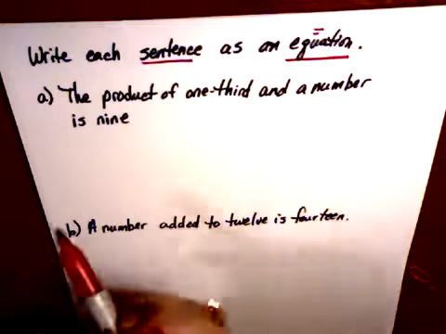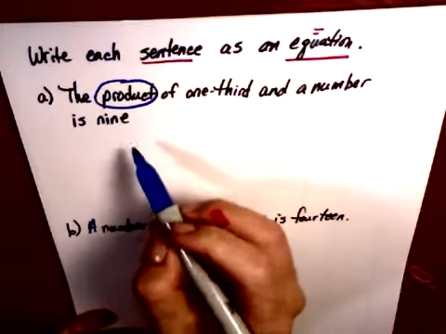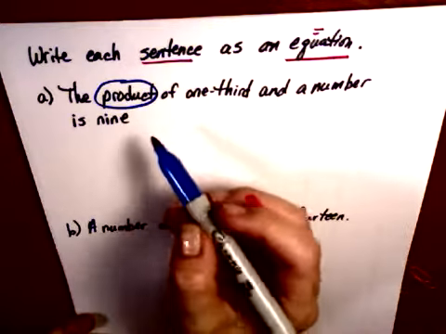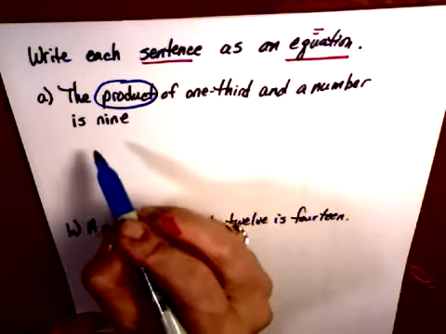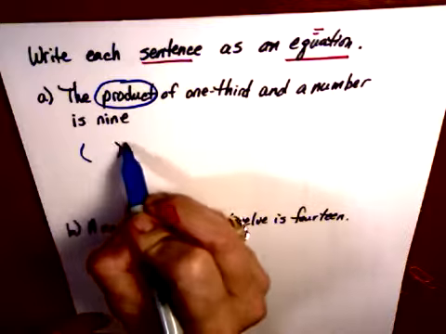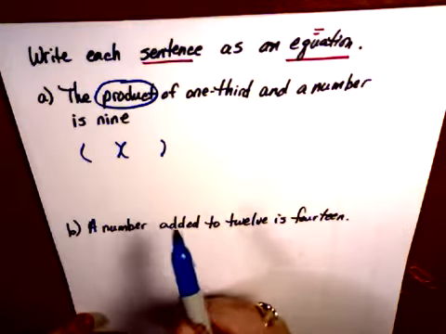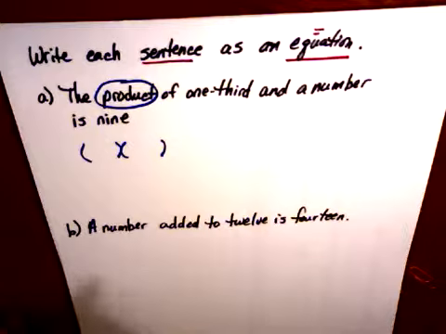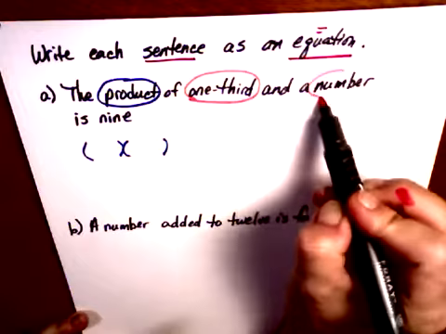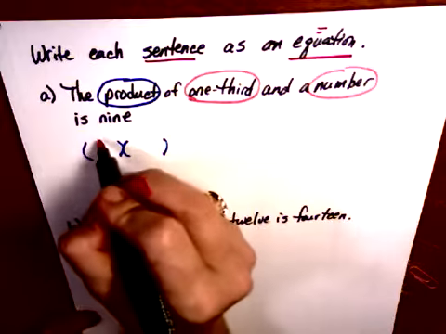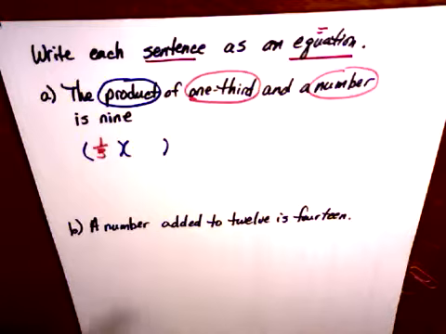Let's look at what we have here. The product, okay, what's product telling me to do? It's telling me to multiply. There are several ways of using multiplication. Don't use an X. So I'm going to just put parentheses at this point to indicate multiplication. Of, okay, objects of the preposition, 1/3 and number. What are we going to let our number be this time?